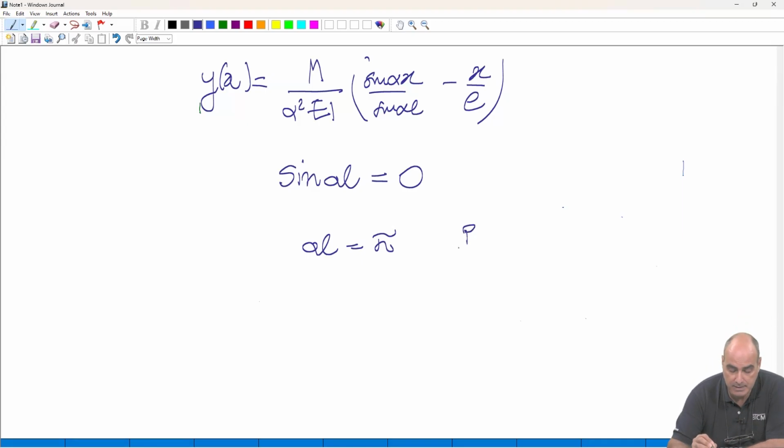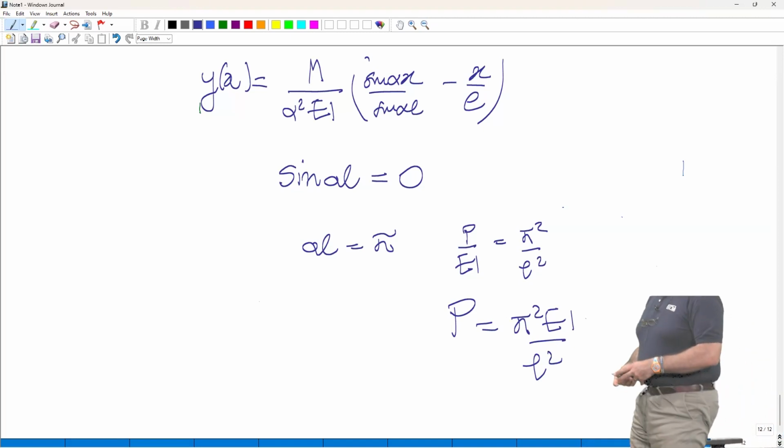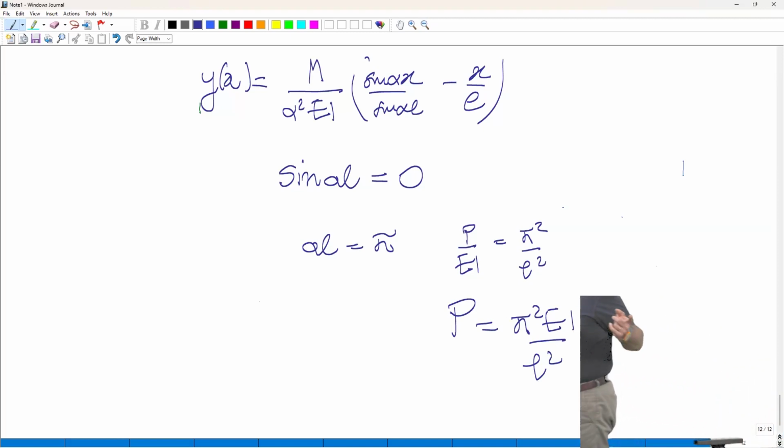So this means P over EJ equal to π² over L², P equal to π² EJ over L². You have seen what has happened? Increased by 4 times because the effective length has decreased by 2, and since it goes with the square.